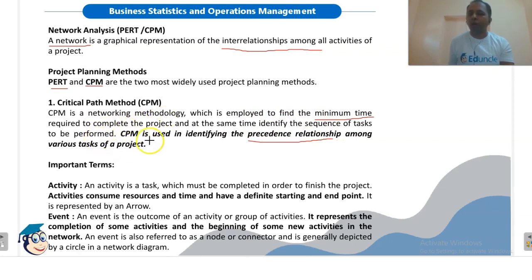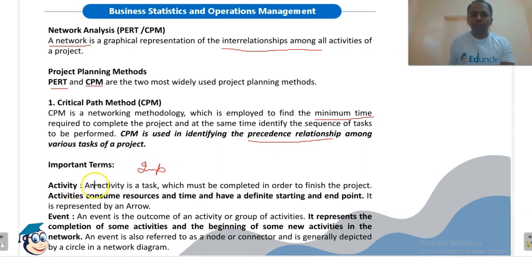So we will list out all the tasks. After that, we will find out the sequence in which these tasks or the activities must be performed. So hence, we are finding out the precedence relationship among various tasks. There are certain important terms in critical path method. You have to remember these terms, so it is important.